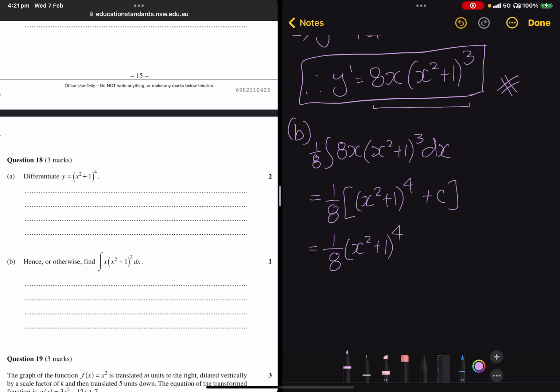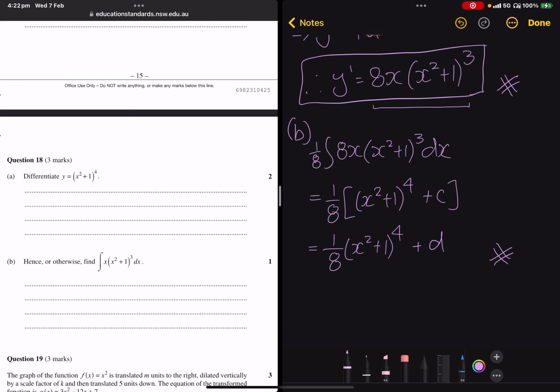Well, c was just a constant of integration anyway, so multiply that. That's still just a constant. We'll give it a different name. You don't have to, but in this case I will. And so now we have that the integral is 1/8 times x squared plus 1 all to the 4 plus a constant. And this is the answer we're after.